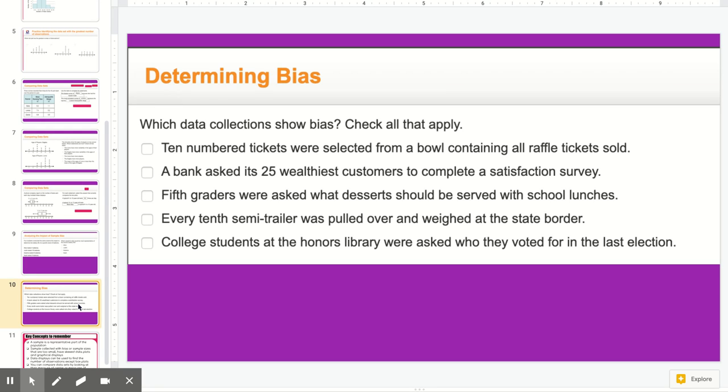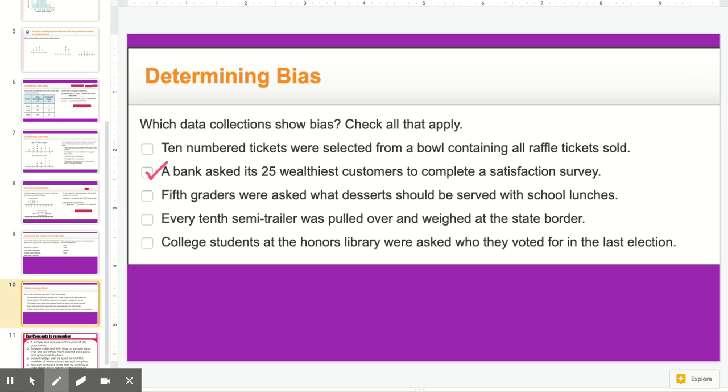The next one says a bank asks its 25 wealthiest customers to complete a satisfaction survey. Well, at a bank, is it only the wealthy customers? No. You have wealthiest, you have average, and so on. So this is considered bias. It's skewed more towards wealthier customers.